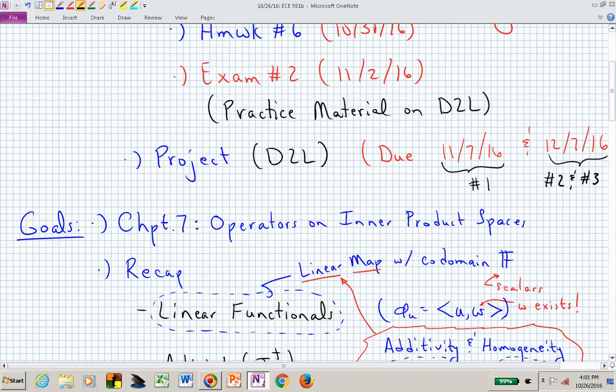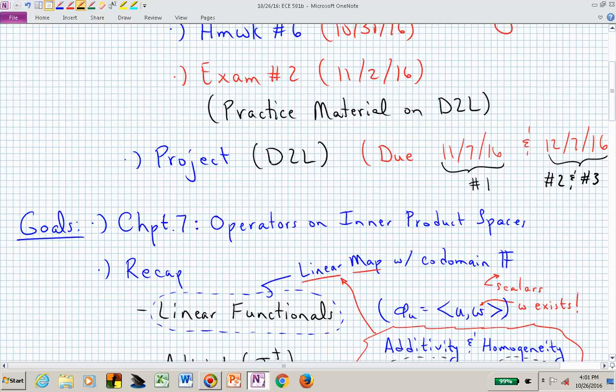But the project, I've created 2 different drop boxes, and hopefully I have the dates correct in this class. I don't on the other class, so I have to change that, meaning I think I posted it in October and it's already past due in the other class. But I think this one is correct.